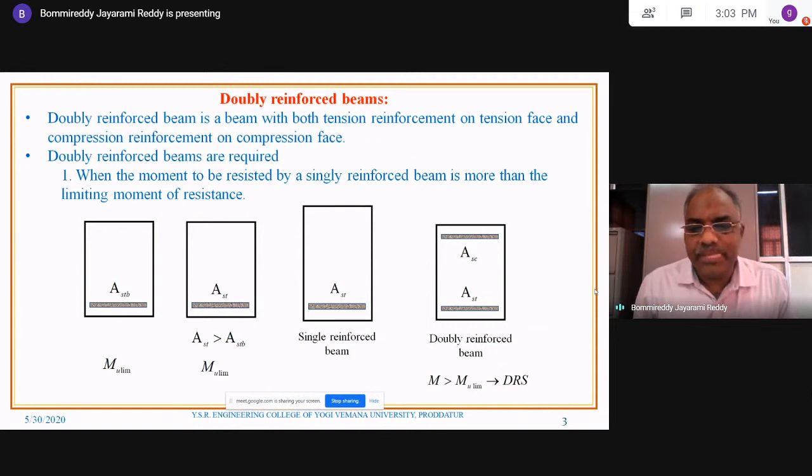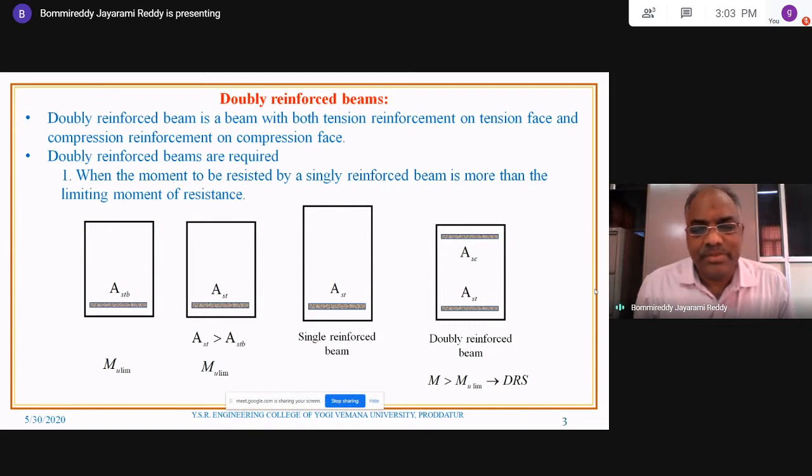That's why, to increase the capacity of the given beam, it is required to increase the compressive resistance of the concrete. Because in the case of a balanced section, the Ast balanced is the balanced reinforcement that is exactly equivalent to the compressive resistance of the concrete.